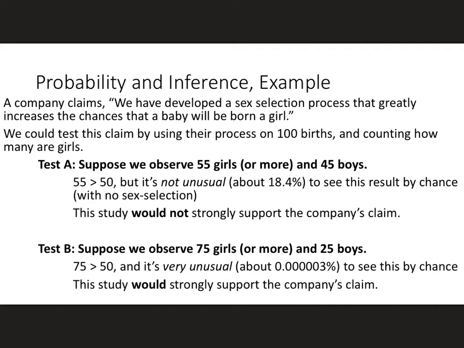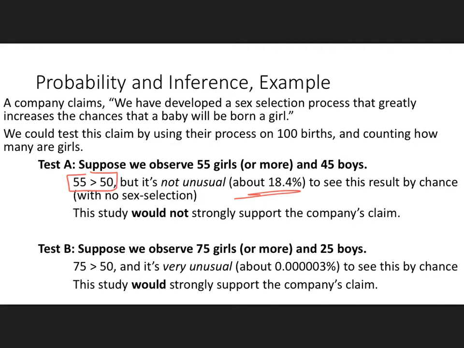So that's why we are doing this comparison to 50. 55 is greater than 50, but it's not unusual. That's not that big of a difference, right? There's only 5 more. If we found that probability, and you're going to learn how to find these numbers later, it is about 18.4% to see this result by chance, meaning no sex selection. So this study would not strongly support the company's claim.